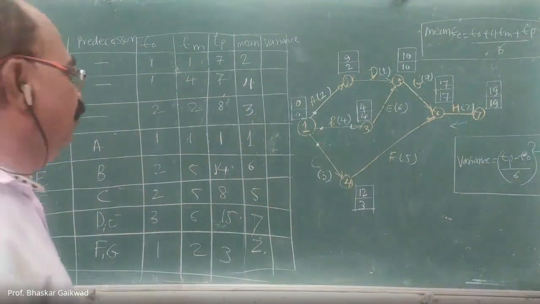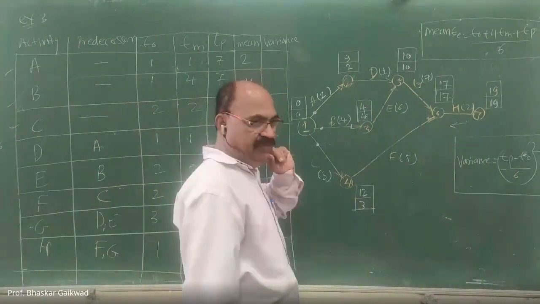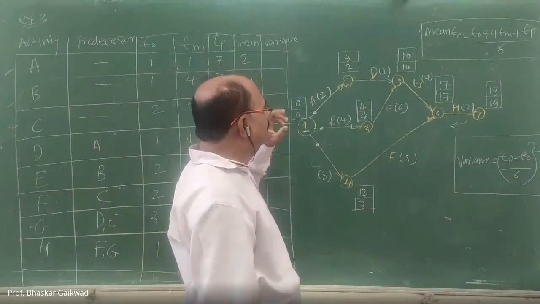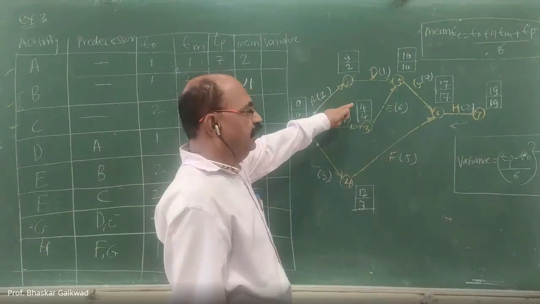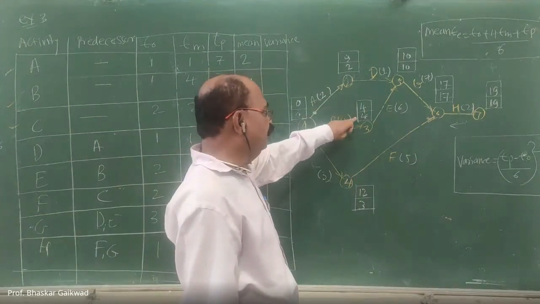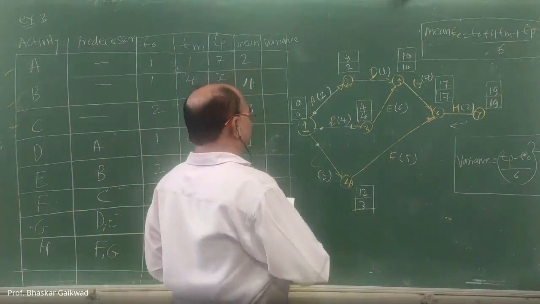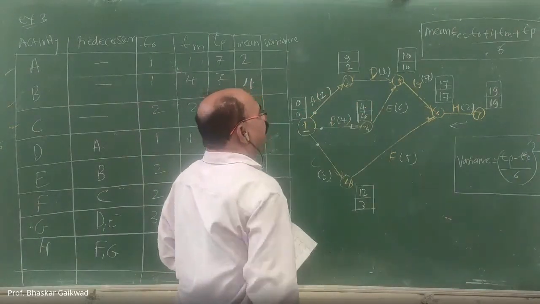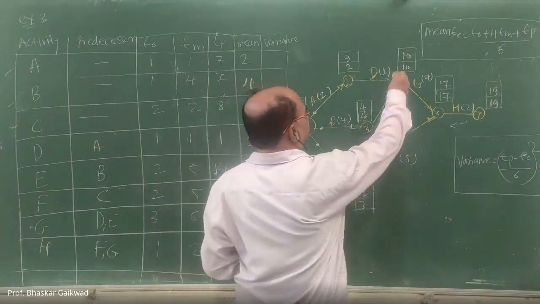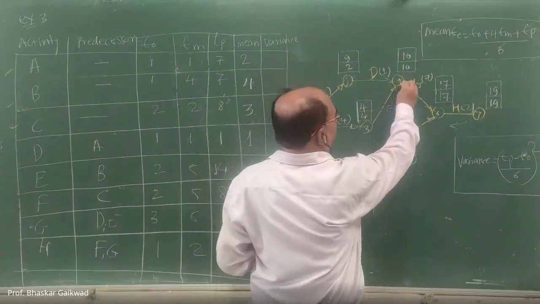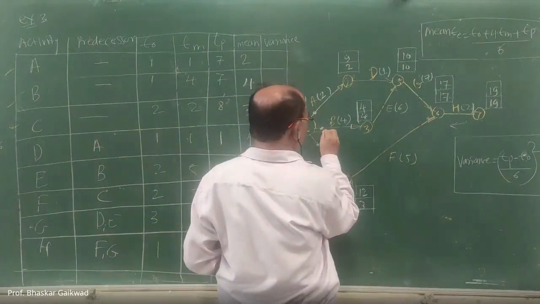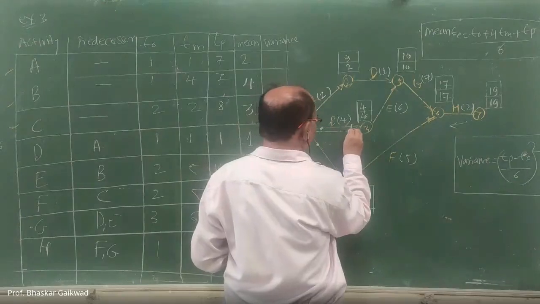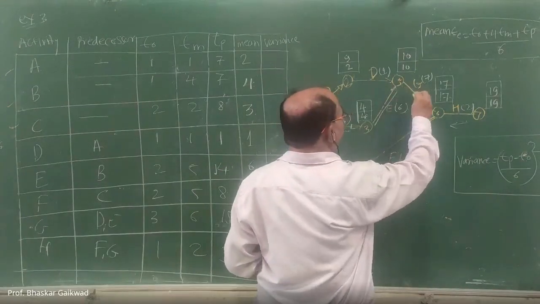Now you have to consider those activities in which latest and earliest, both times are equal. Here this is equal, and after that this is equal, this is not equal. So your critical path is like this way. This is your critical path.